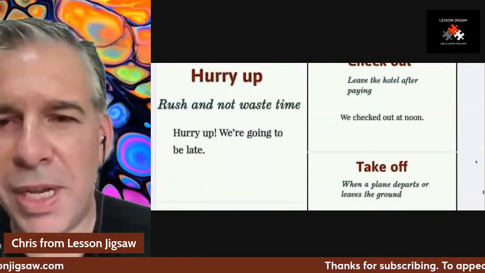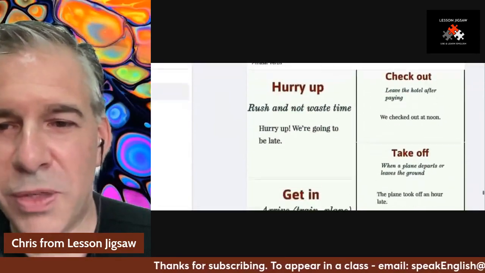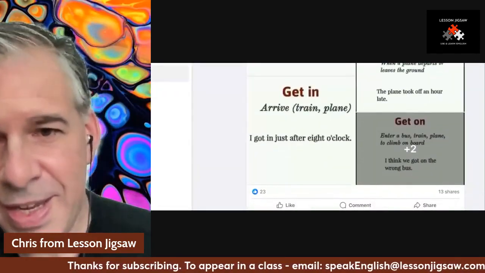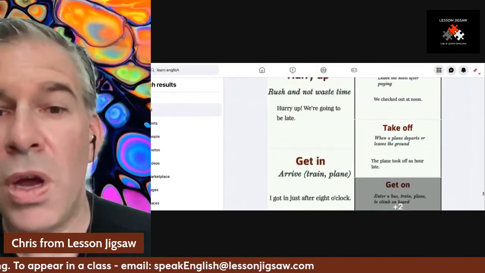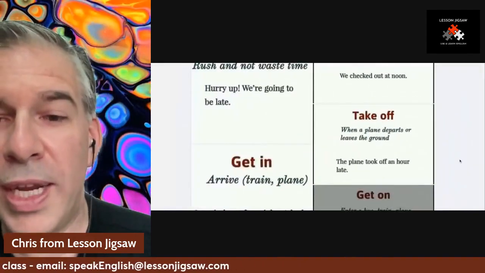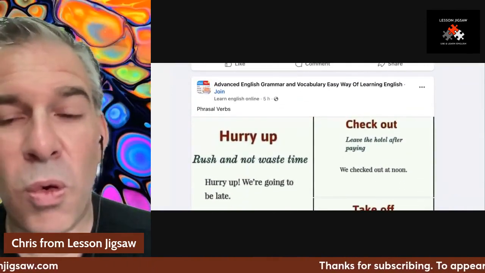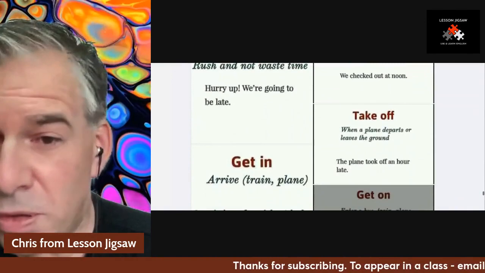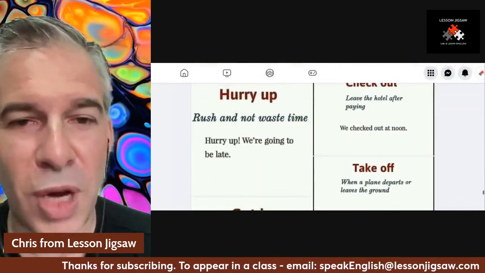Okay, and a similar sort of thing here. So we've got, I don't know how many phrasal, this is going to be 1, 2, 3, 4, 5, 6 phrasal verbs. And again, with this, you would need to go, okay, what do I need to learn? Now, these seem to be all associated with travel. I'm not sure what the final one is, but they seem to be associated with travel.